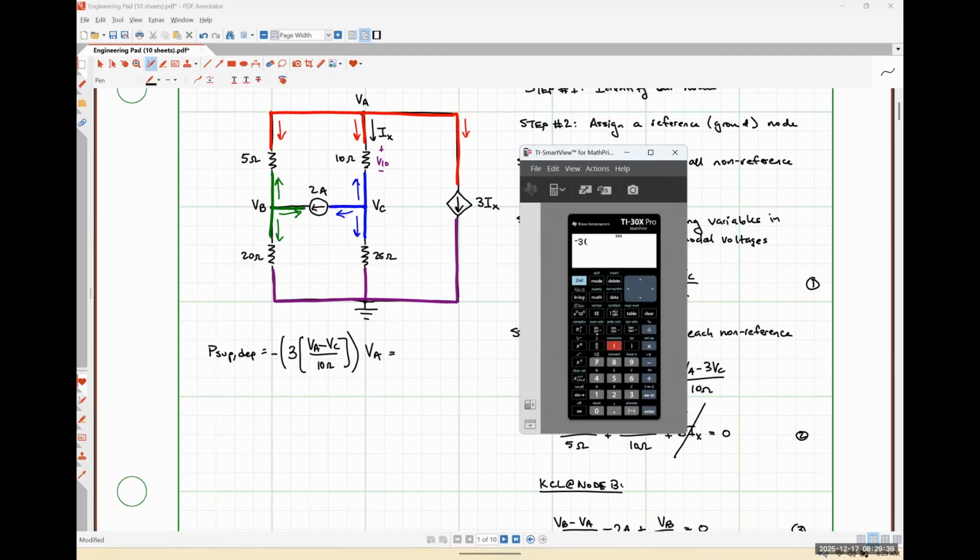So I'm going to do a fraction here. So let me press the fraction button wherever it is. There we go. So X minus Z for VA minus VC over 10. And then multiply that by another X. And apparently our dependent current source is supplying 160 over 3 watts of power.